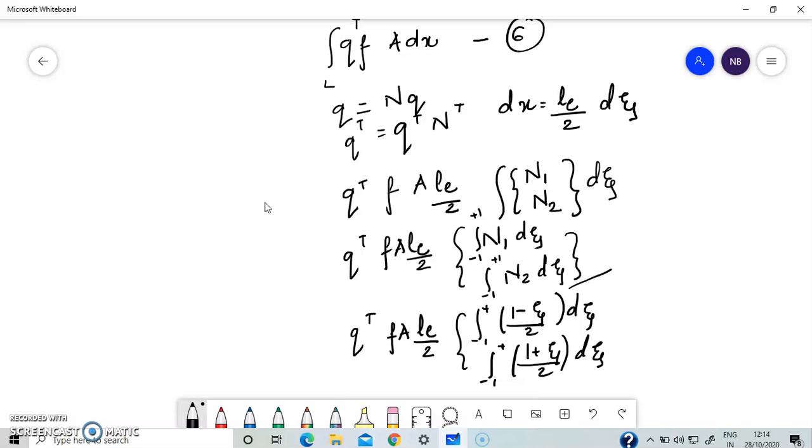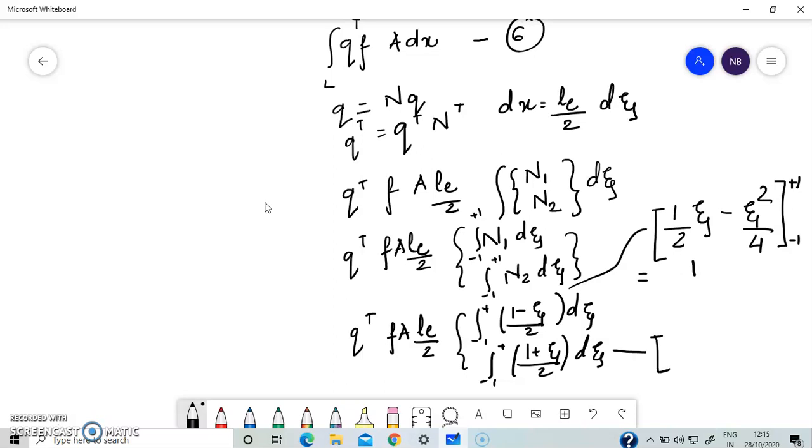Now when we solve for this one, we will get square root by 4, minus 1 to plus 1. When we substitute the upper and the lower limits, we will get 1 here. Similarly, when we solve for this integral, we get 1.